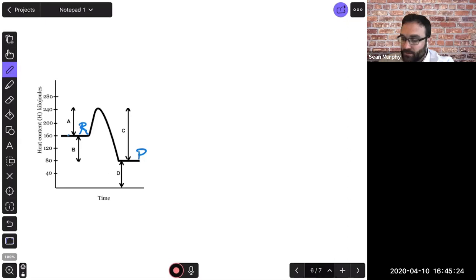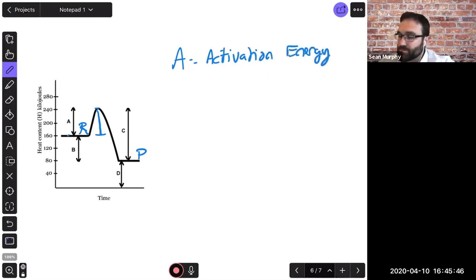A is where the reactants, and then the top is where my activation energy is. So what A is representing is this gap. So what could A be? A would be the activation energy, or sometimes it's represented with an E sub A for energy of activation. Okay, I'm not going to write that.